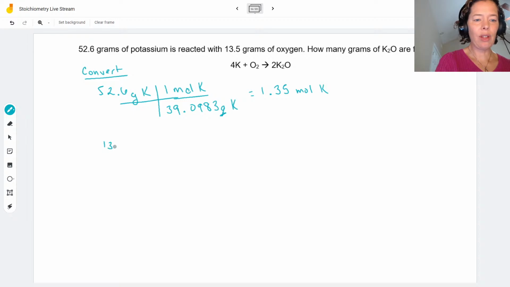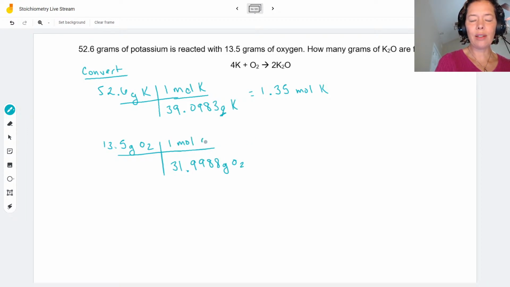Let's next convert our grams of oxygen. So we have 13.5 grams of oxygen. Just convert that. This is 31.9988 grams of oxygen over 1 mole of oxygen.